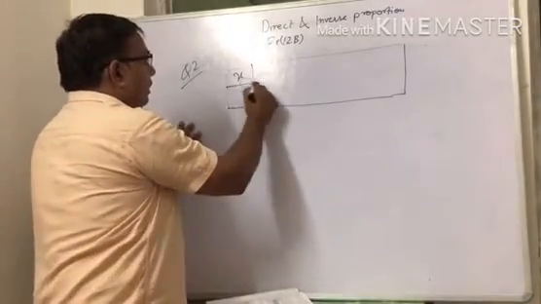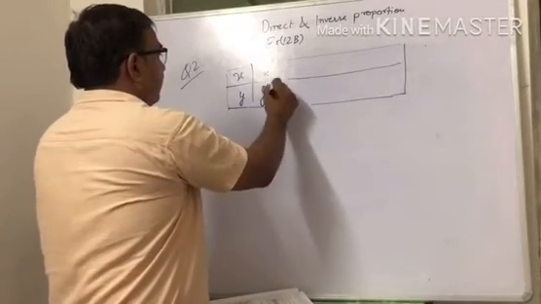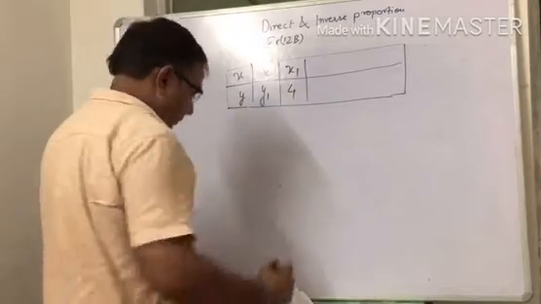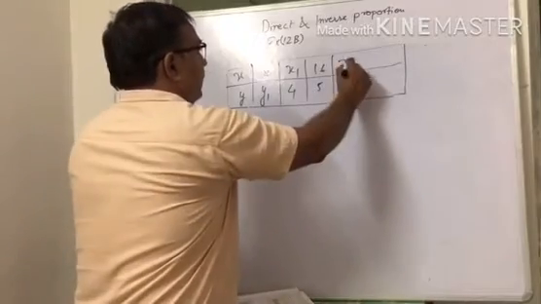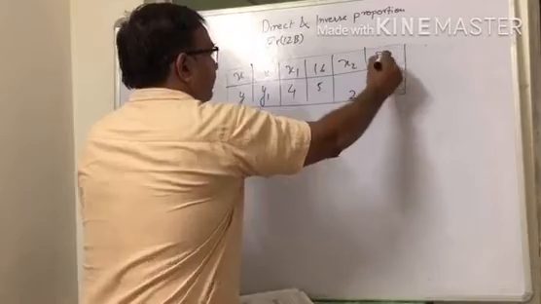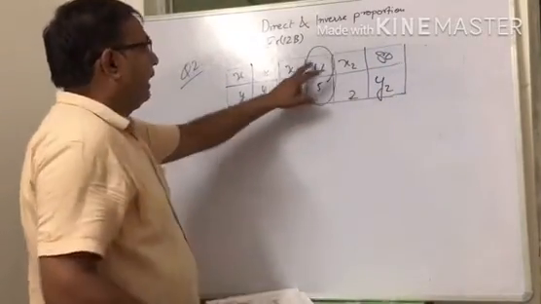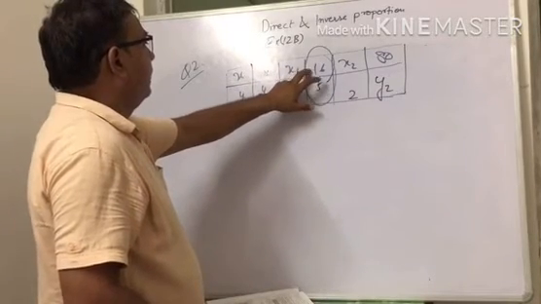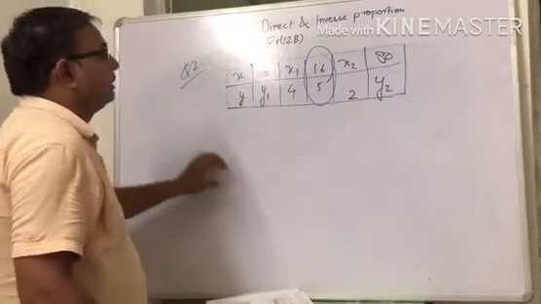So x and y: 8, y1, this is x1, 4, then 16, 5, x2, 2, 80. Now this is given, so we can use this.